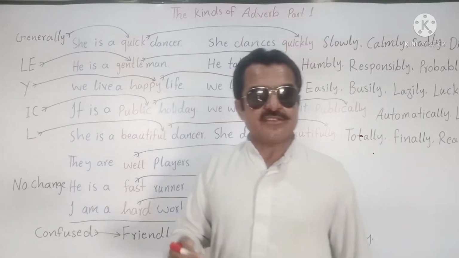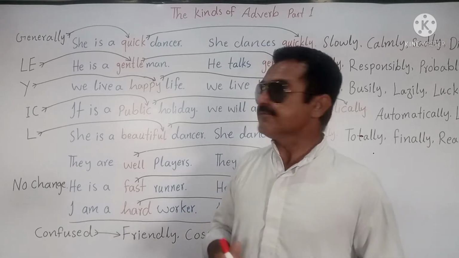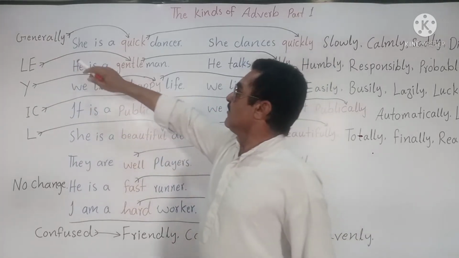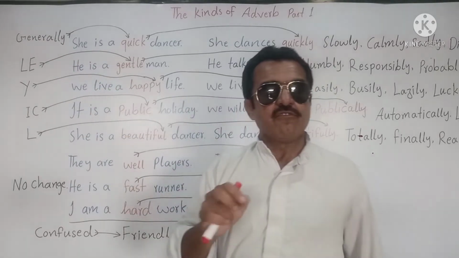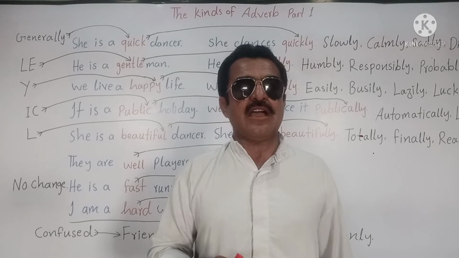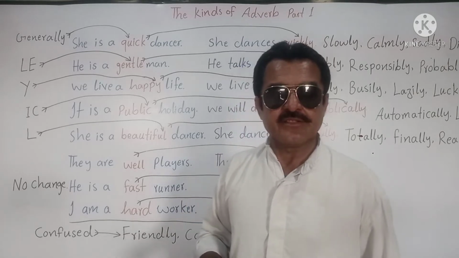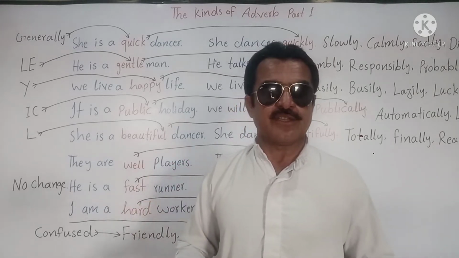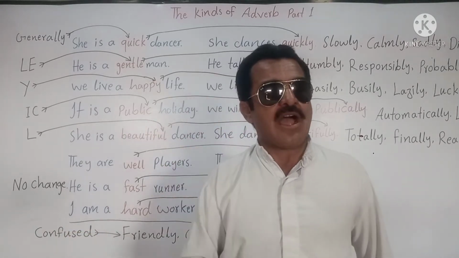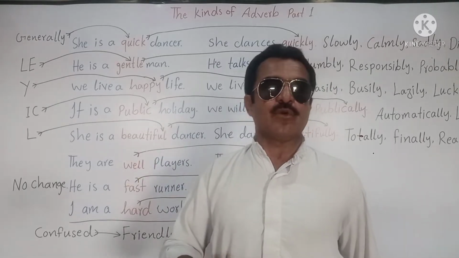Here are some general rules about adverbs for you to understand. Generally means commonly. Whenever we put ly, l then y, after an adjective, that becomes an adverb. That is the general rule, the biggest rule you can say. If you don't understand other rules, then you put only ly at the end of an adjective, and that becomes an adverb.